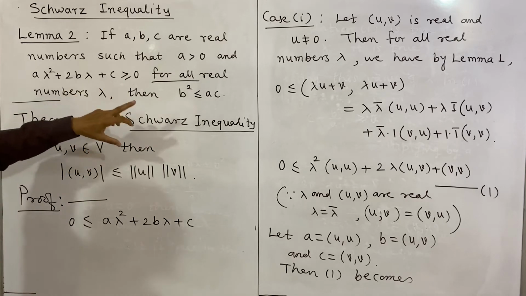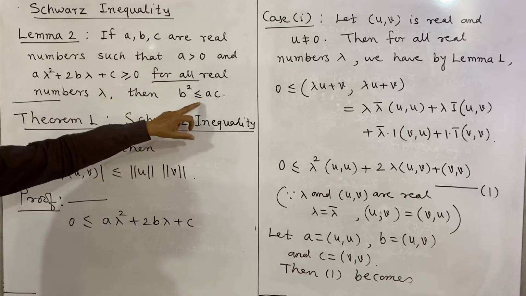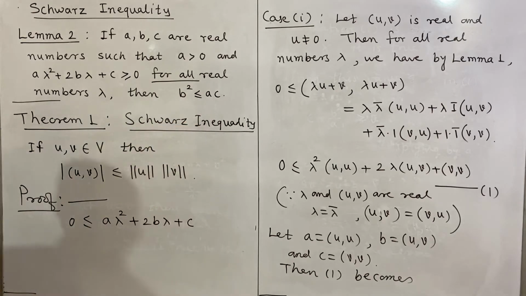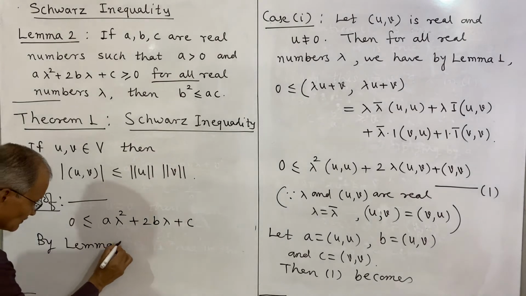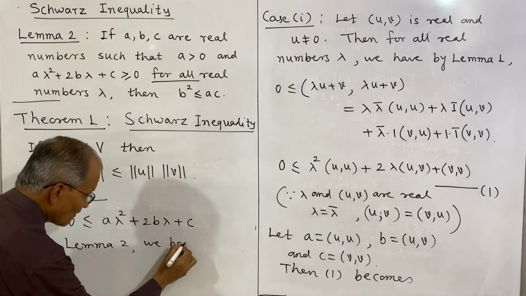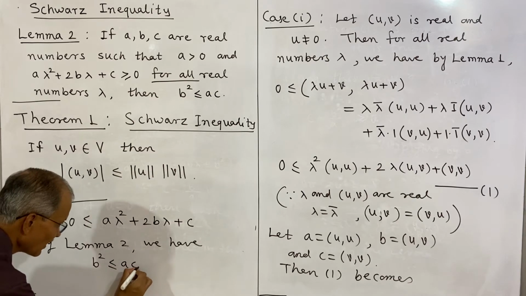So it is the same, and therefore by lemma 2 we have b square is less than or equal to ac.